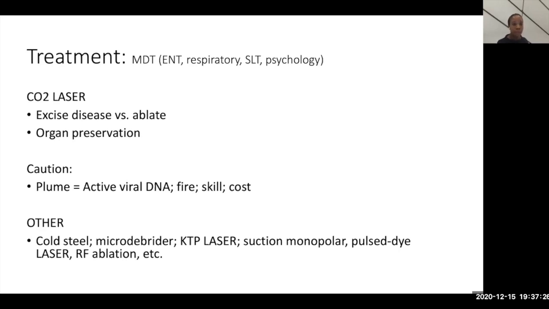Also be careful about the anterior commissure and don't be too aggressive, because it's very easy to cause a web, and it's very difficult to manage a web. Once you've caused the web, that can have huge consequences for voice function. Be cautious, as Mr. Jonas already mentioned to you, that there's been a study that has shown active viral DNA in the plume.